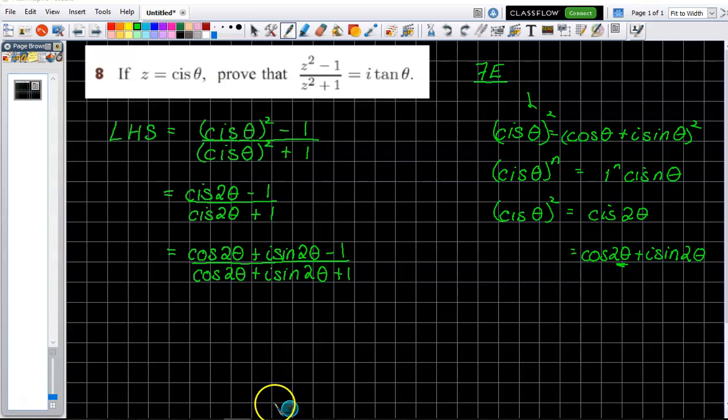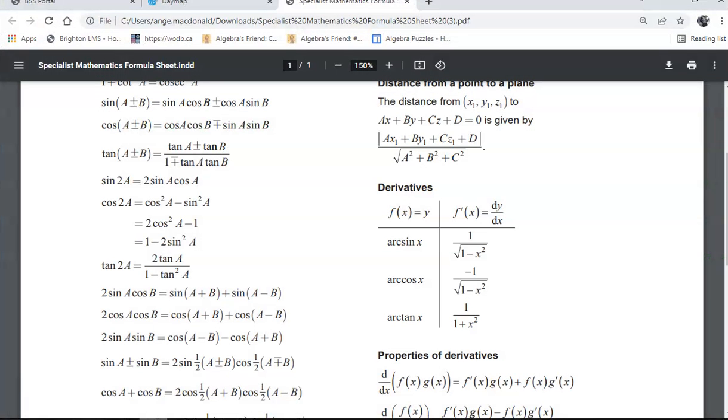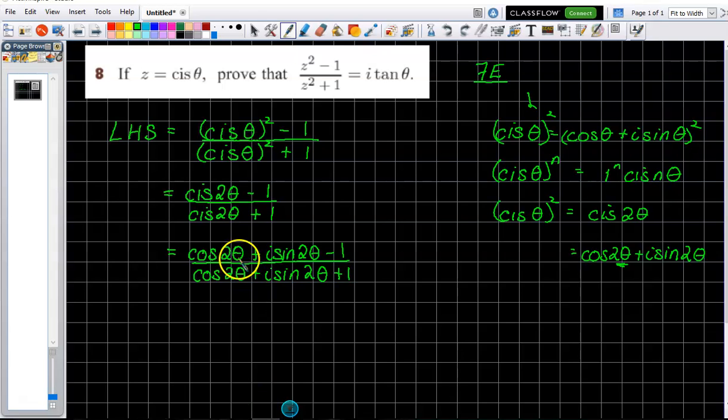Right, so now what you need to do is make a little bit of a decision. When we've got cos 2 theta here, you've got your formulas. Where have I got a plus 1? If I replace this cos 2 theta with the one that has the take 1, that's going to make the 1's disappear, correct? And then upstairs, I want to choose the one that has the plus 1 and make that one disappear.